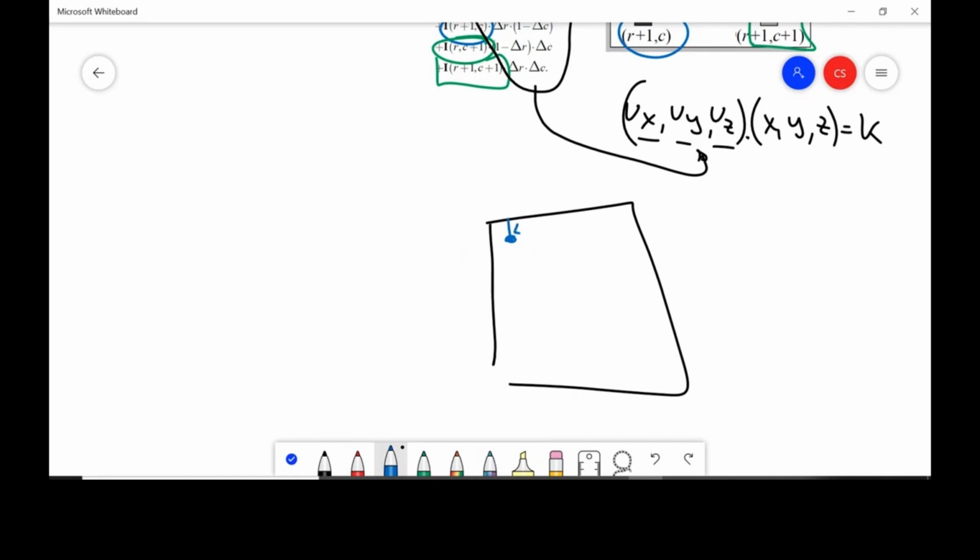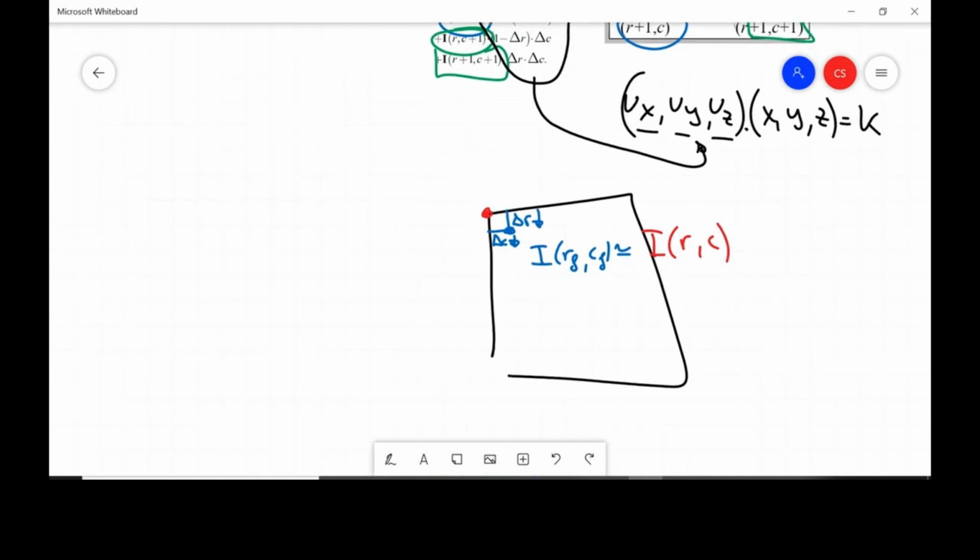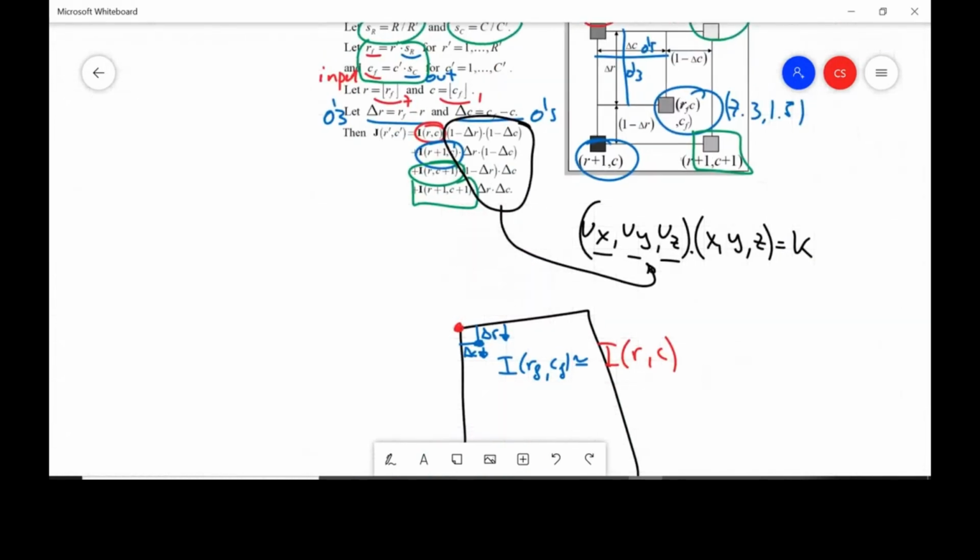So delta C is small, this is delta R, so delta R is small, and delta C is also small. So the value here should be close to which value? My value at R fractional, C fractional should be more or less which value? This one here, right? It should be very similar to that because it is very close to that location. Okay, so let's see if that is the case. So we go into the plane equation.